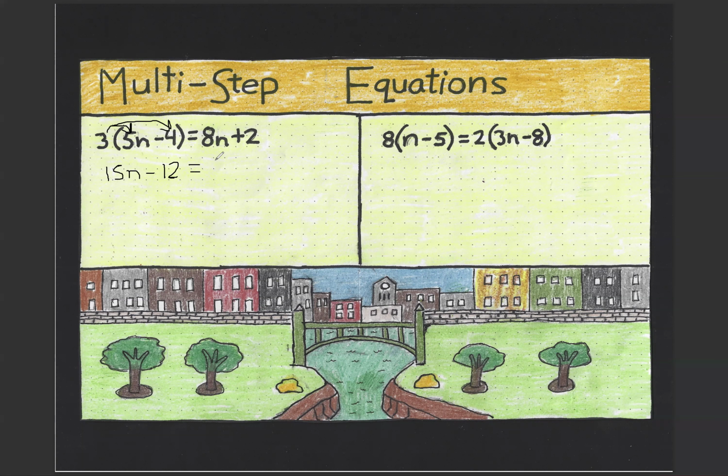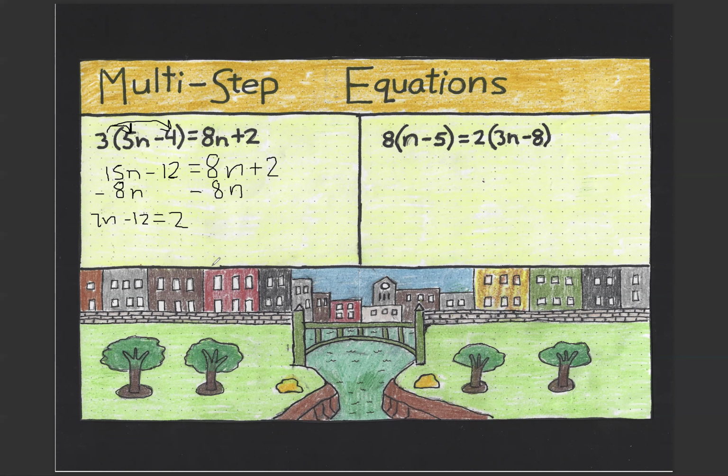And then we're going to set that equal to 8n plus 2. And this would be our opportunity to combine like terms by subtracting 8n from both sides, which will leave us in this case with 7n minus 12 is equal to 2.